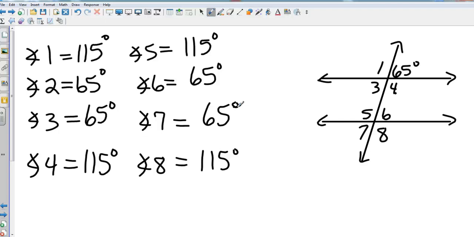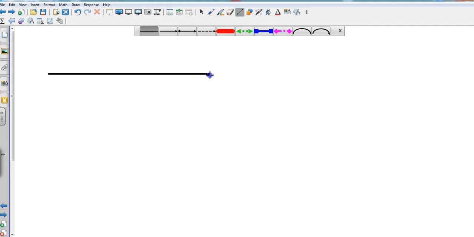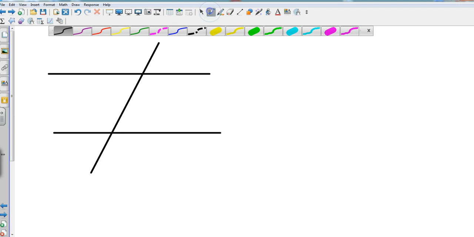So I'm going to go ahead and do one of those. So what if I had parallel lines cut by a transversal, and then let's see if I can find a consecutive interior. What if this was 72 and the other one was 7x plus 24?